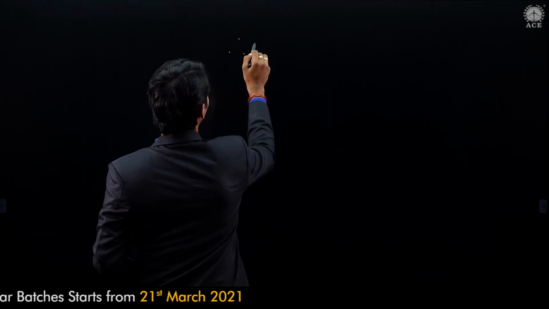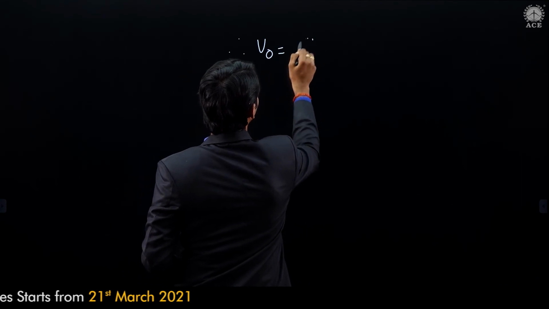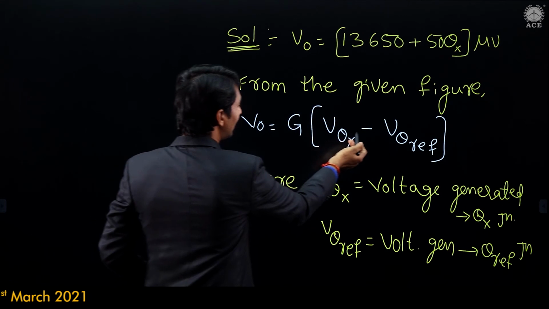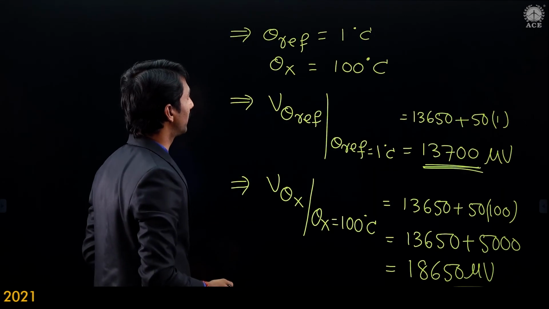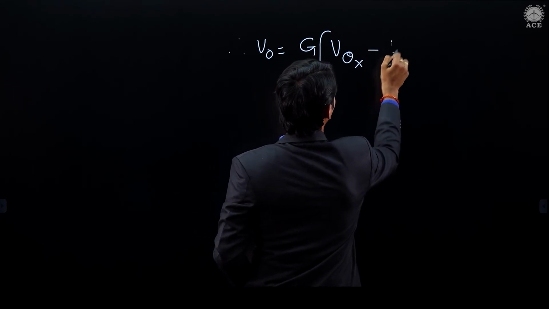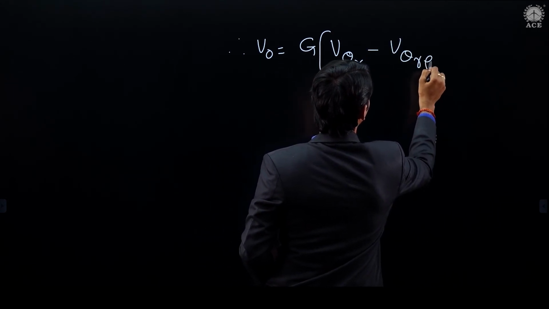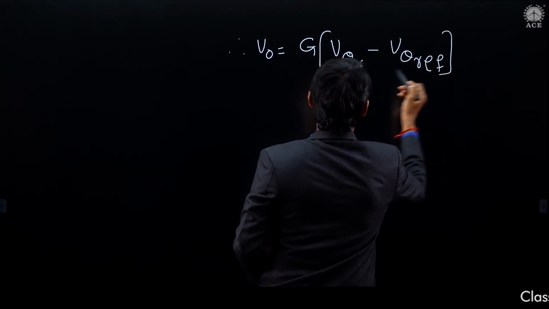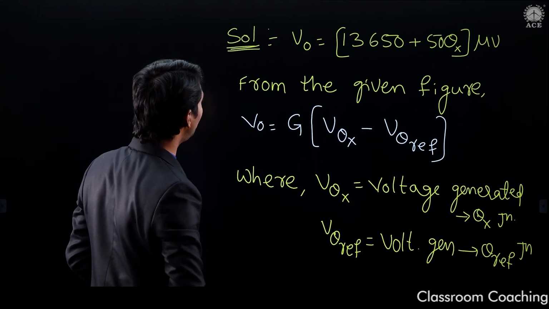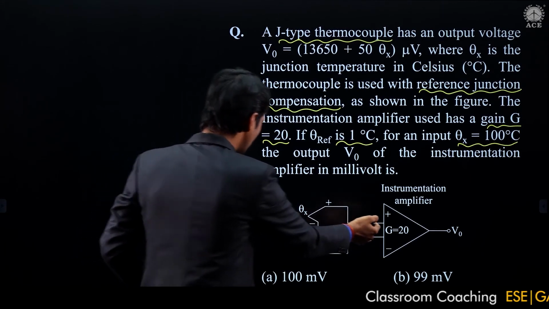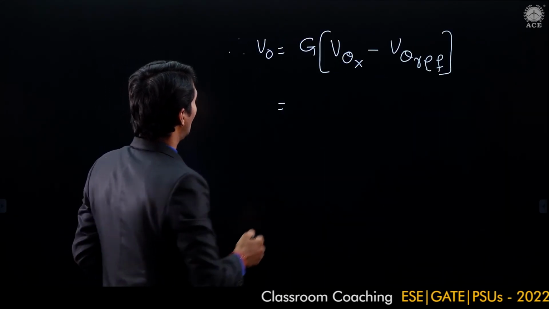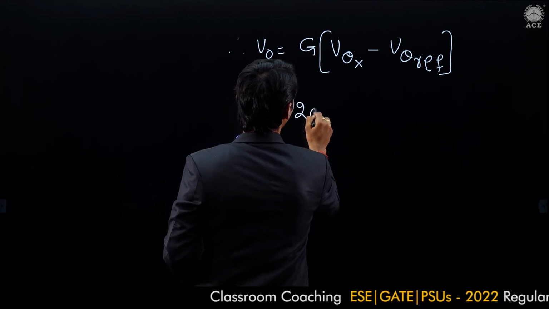Therefore V naught equals G into V theta x minus V theta reference. Sir, what is the G value? 20, he has given in the picture. So here G value is 20.